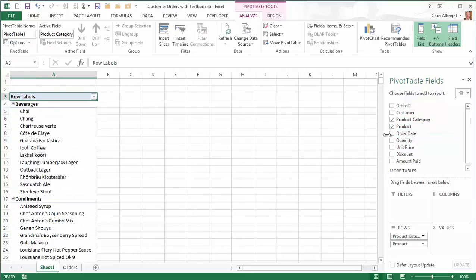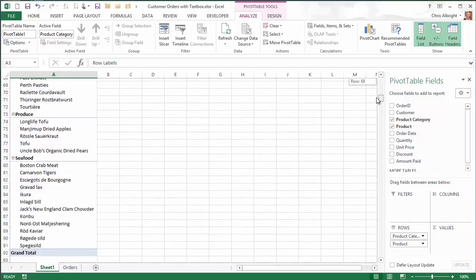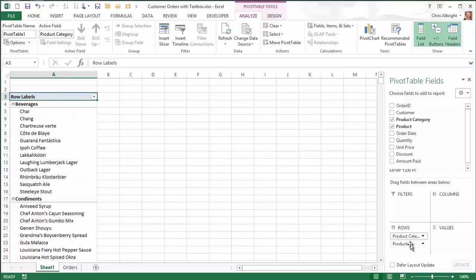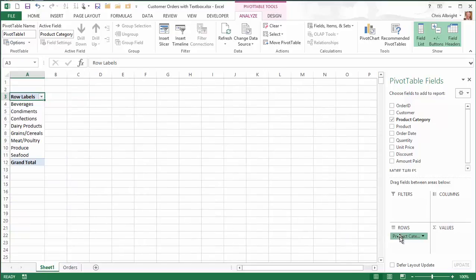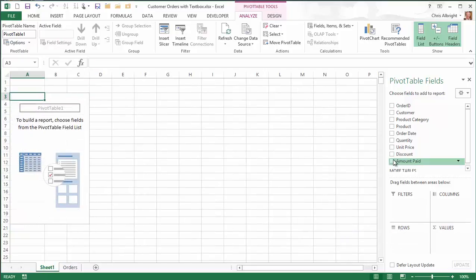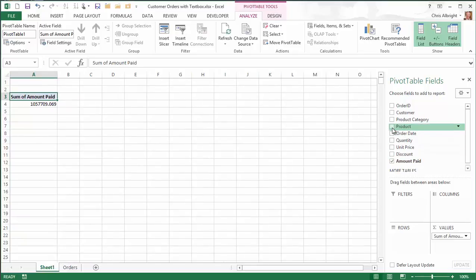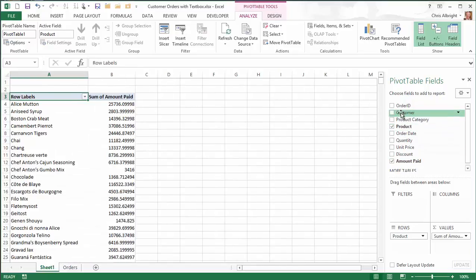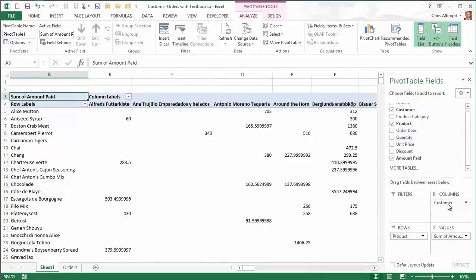There is a list of products broken down by product category, such as beverages or condiments. There is a numerical breakdown of total amount paid, broken down by product and customer. And here is a corresponding chart.